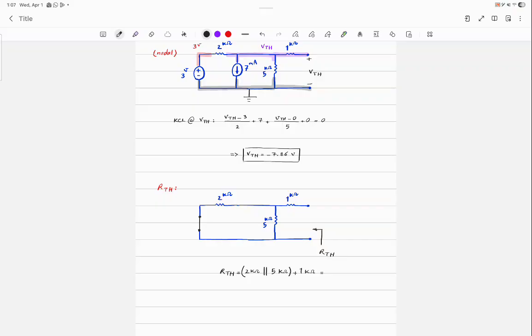And then whatever combination they have is in series with 1. I don't have RTH. Where is it? Okay, 2.43.